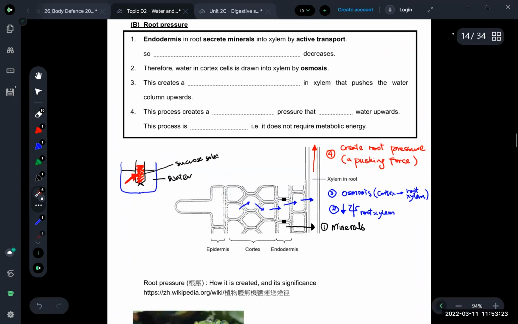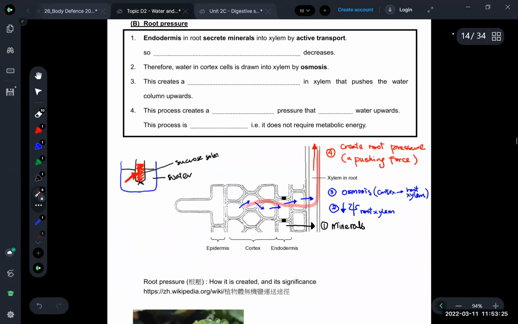Point number two is that when the water is transported all the way to the leaf, you can imagine this would affect the water potential of the epidermis. And eventually this would lead to water absorption.